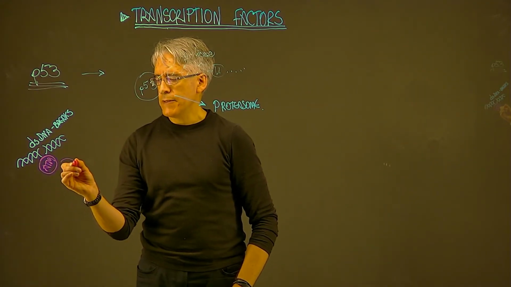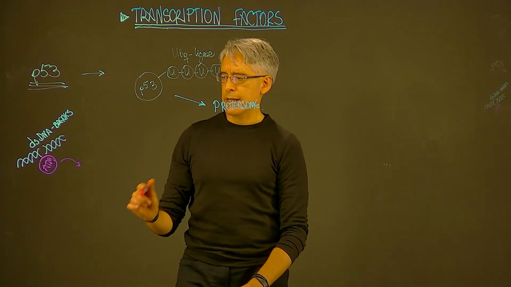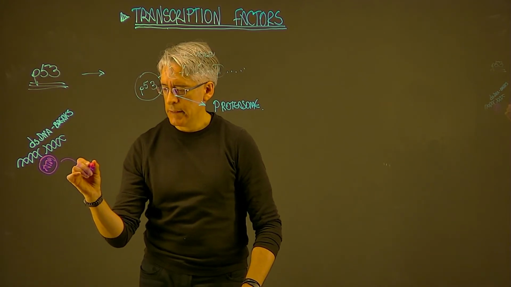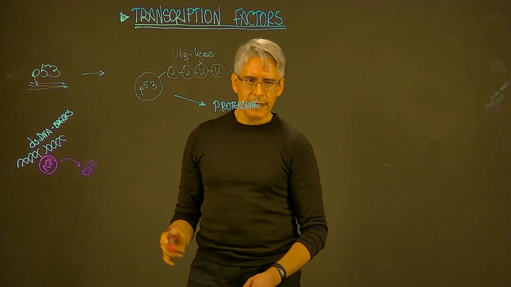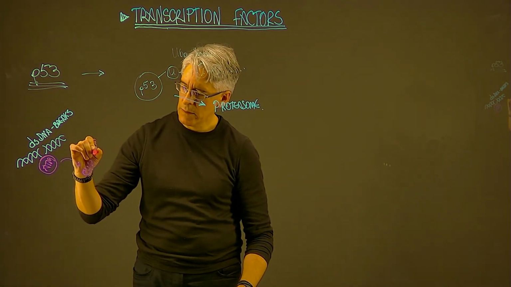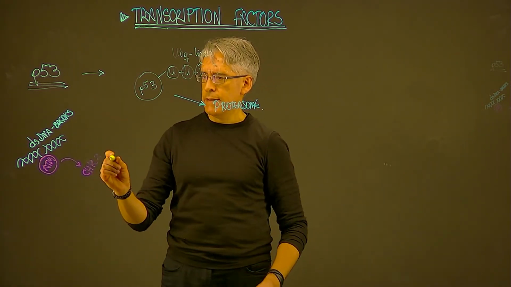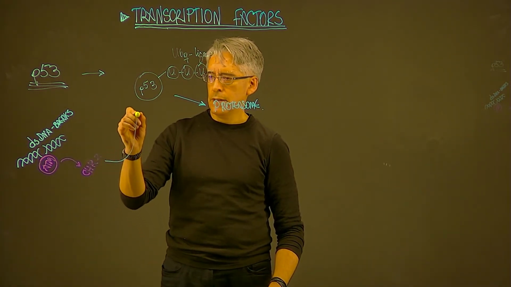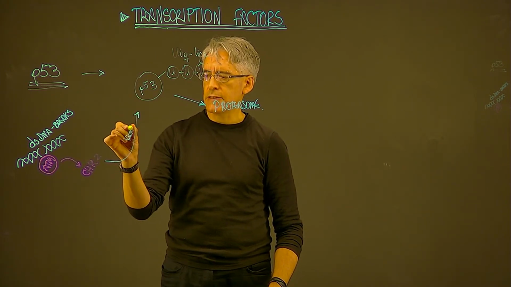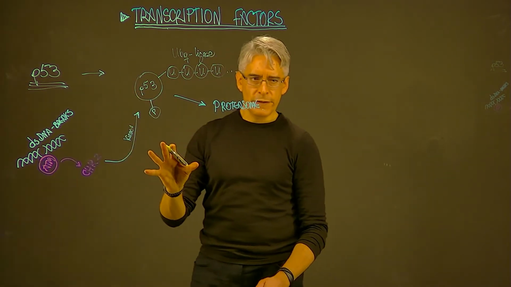And when ATM is active, it is able to then go on and phosphorylate another kinase. This kinase is called the check kinase. The check kinase, specifically one that is known as Chk2, is then able to phosphorylate p53.